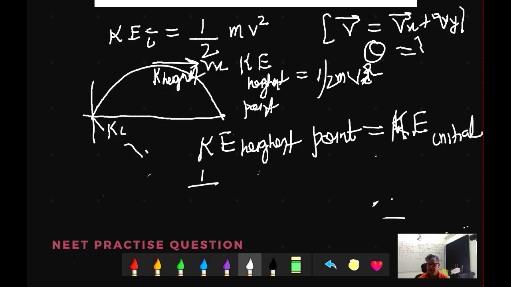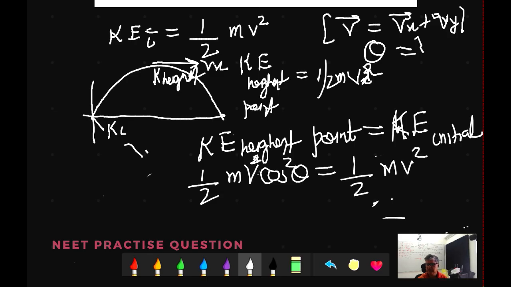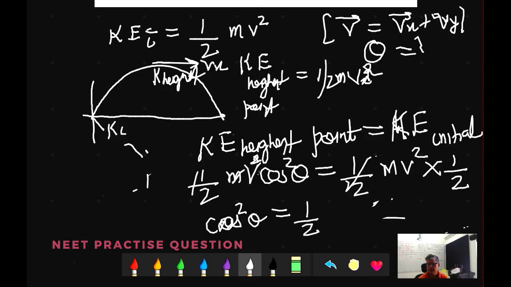So half m v square cos square theta is equal to half into half m v square, because it is half of the initial. So the v square goes, m goes, half goes, so cos square theta is equal to half, right?